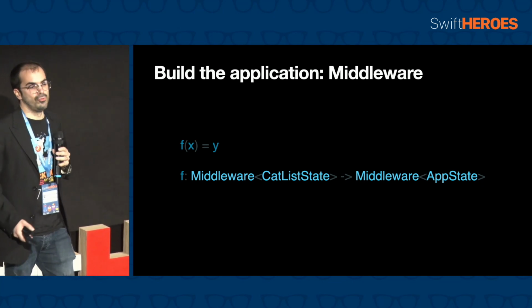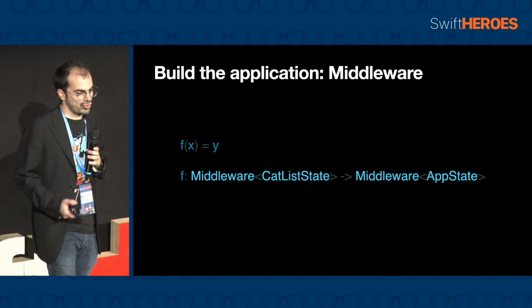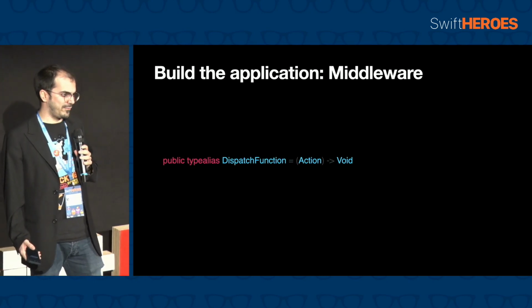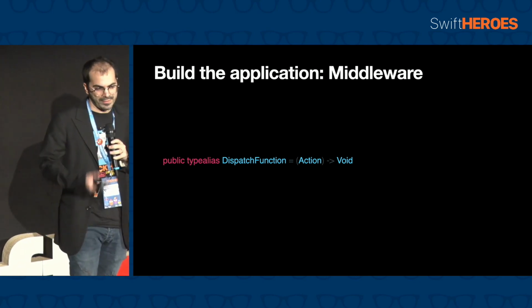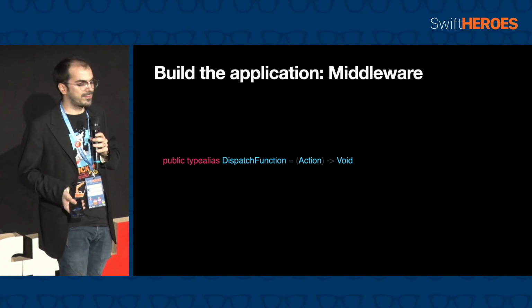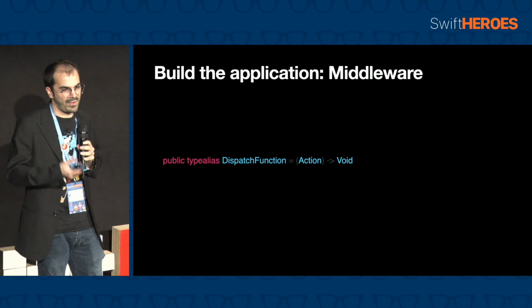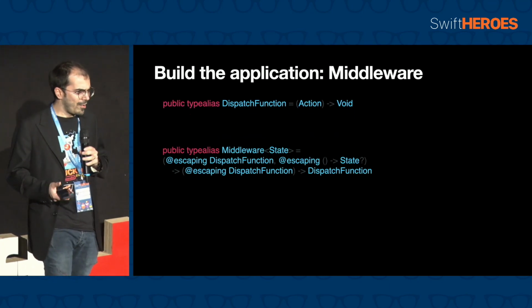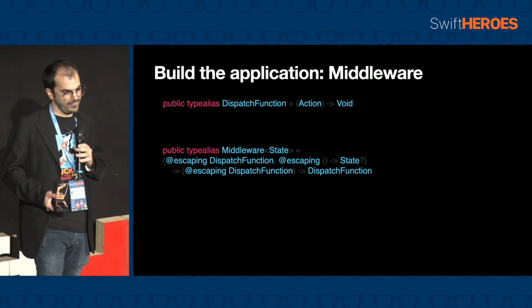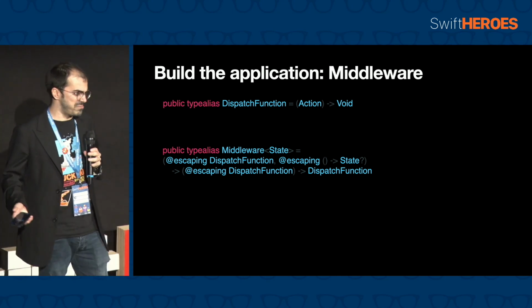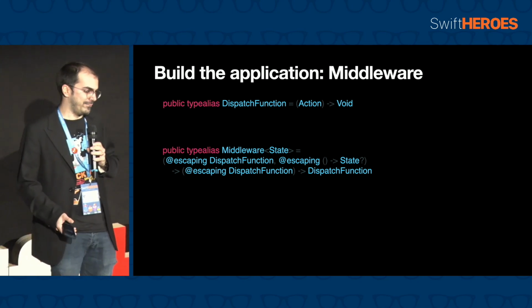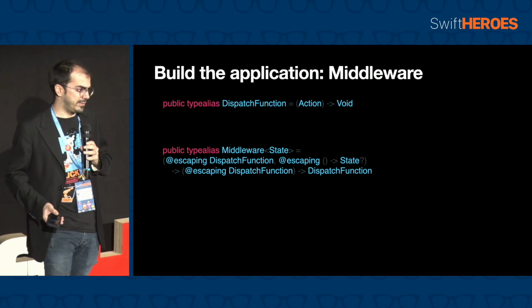So the idea is to try together to write this kind of function, having in mind, of course, some type aliases from ReSwift. The first one is the dispatch function type alias, which is a function from action to void, and the other one is the type of middleware of state from ReSwift. That is a lot of complicated things, but we don't have to have in mind all this definition.